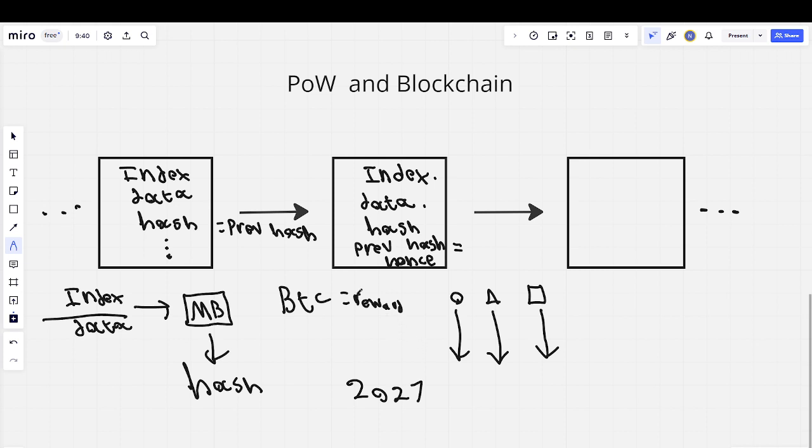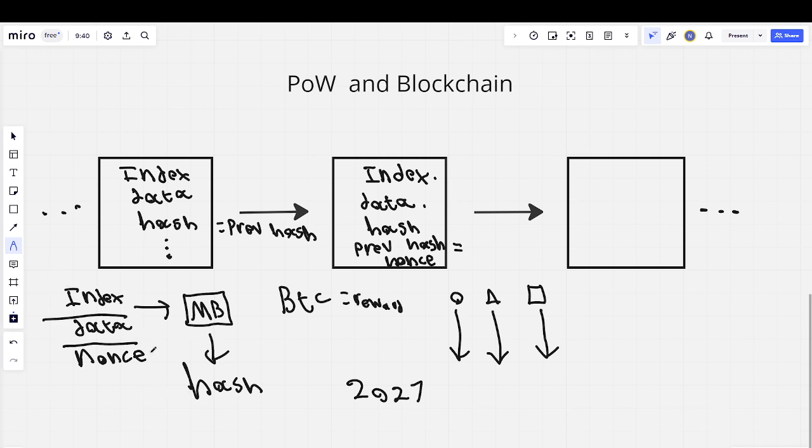But how? So remember, if we go back to this diagram here, we have the index and the data, which are then put into the magic box and spit out the hash. Along with this, we can add one new piece of information, just a random number, or in this case, what we call the nonce. So this index and data plus the nonce are now all put into the magic box, and they output a hash.